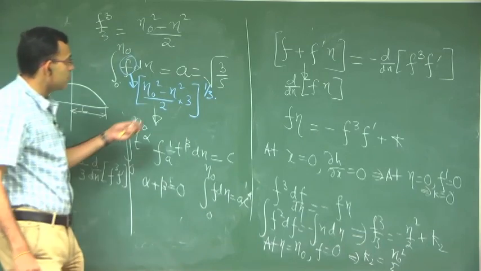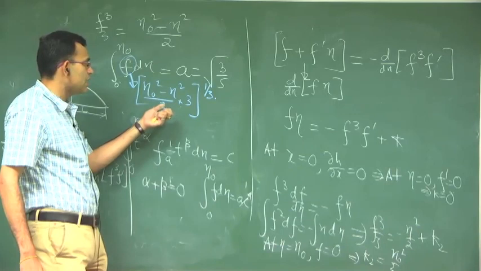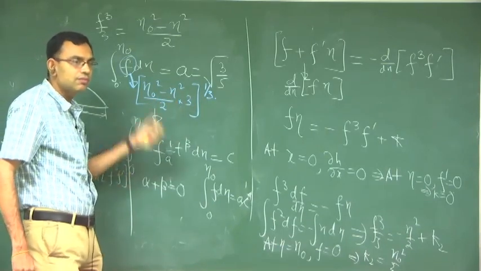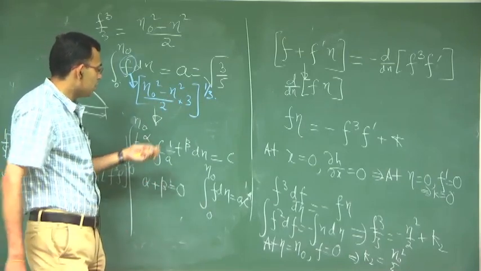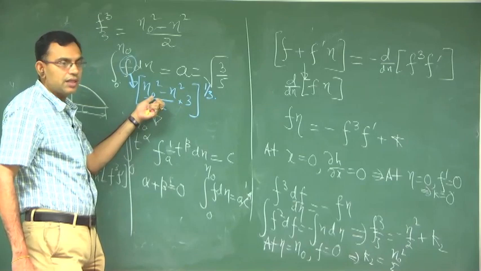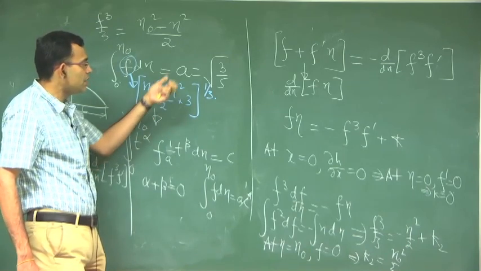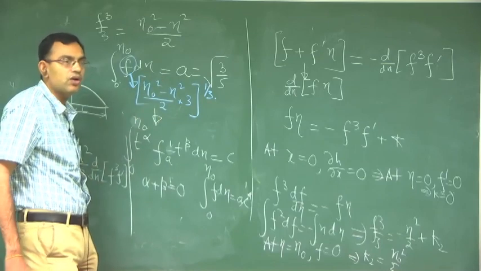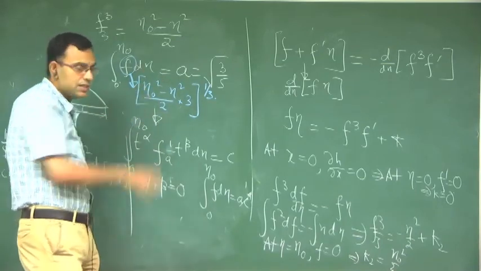If you do this integration, it is not analytically possible, but you can do it numerically. A trick is substitute eta equal to eta naught sin theta, and then if you do this numerical integration you will get a value of eta naught, because everything else is known.